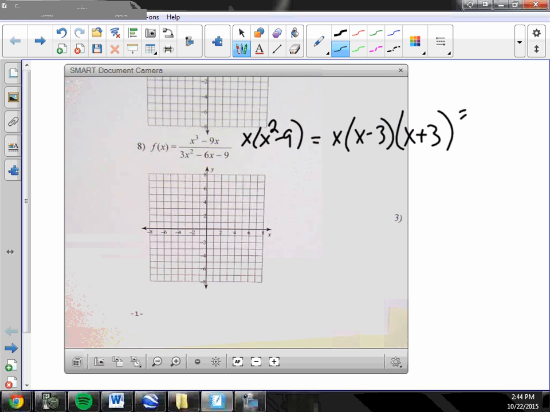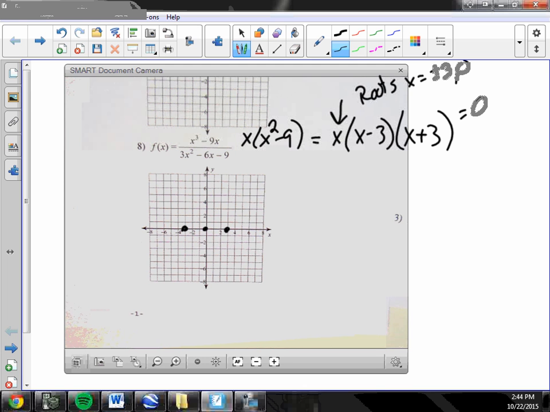So what are the roots? So the roots are x equals plus or minus 3 and 0. So we can go on the graph negative 3, 0, and positive 3.